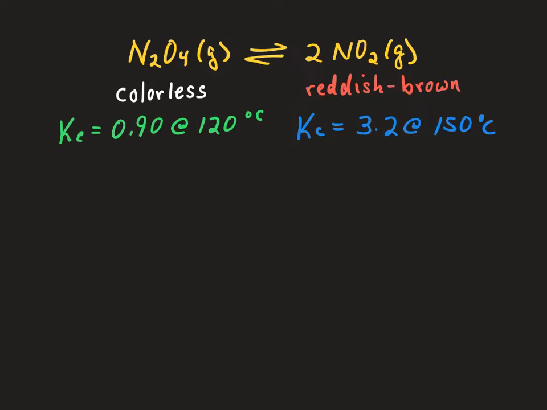And so we can see the effect of these gases based on the color of the mixture. Here we have an equilibrium constant in concentration terms at two different temperatures. Let's fix the small c so it looks better. Degrees Celsius.